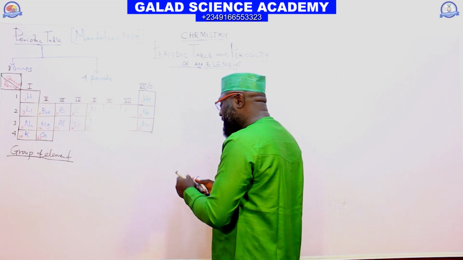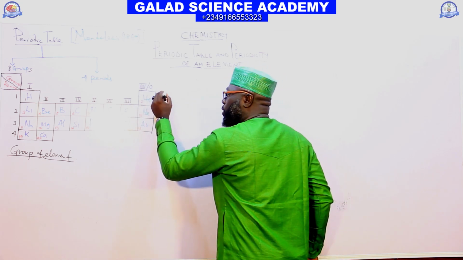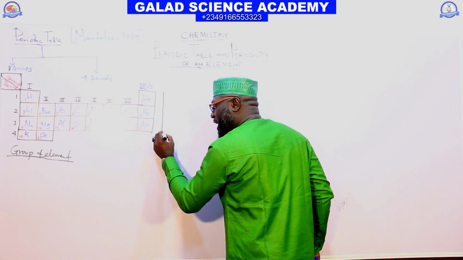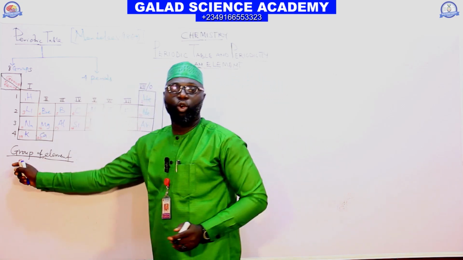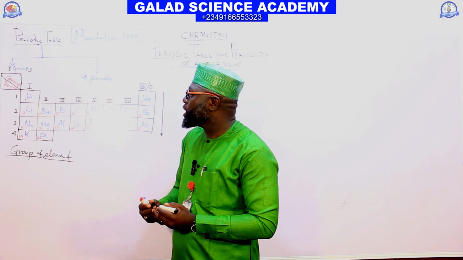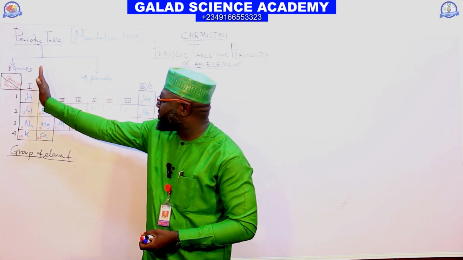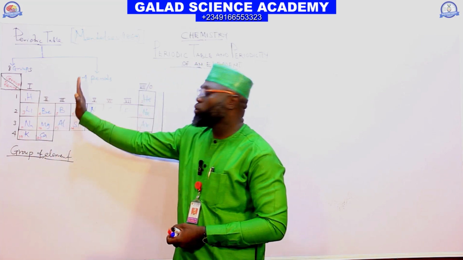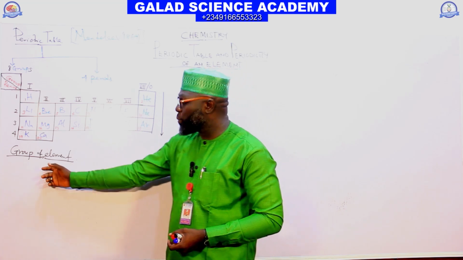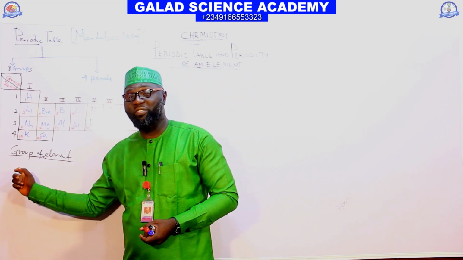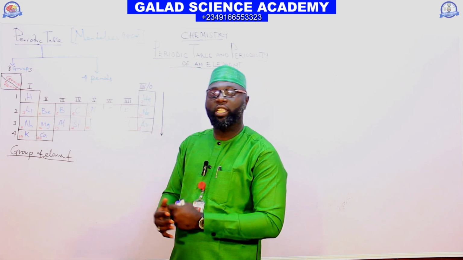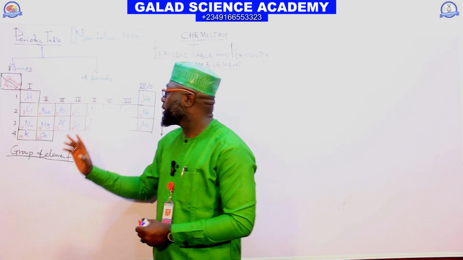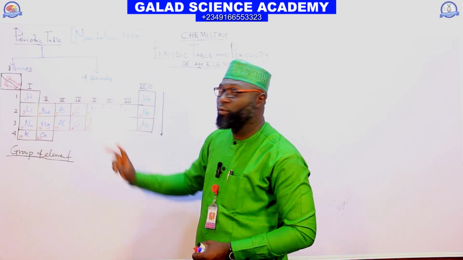You can see it now. The vertical arrangement of elements in a periodic table like this is called the group of an element.